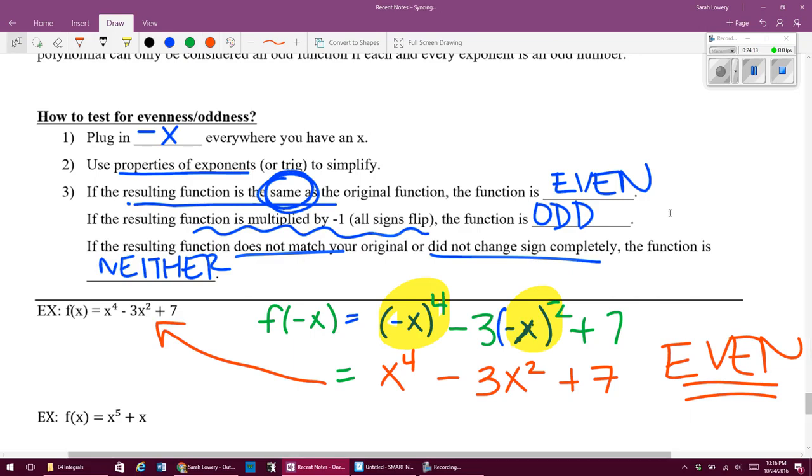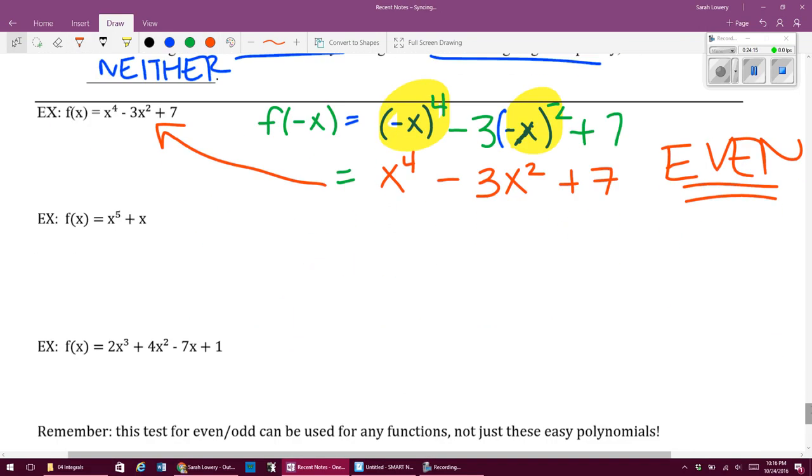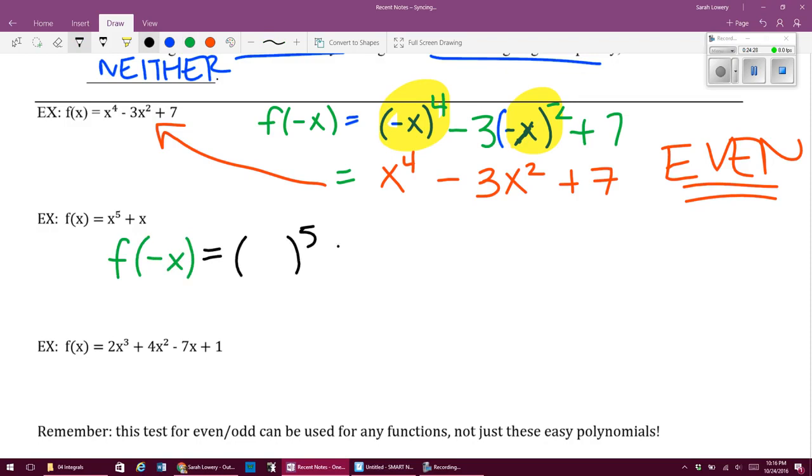Okay? The next one, I'm going to do the same thing. I'm going to plug in negative x everywhere I have an x. So we're going to use our properties of algebra.